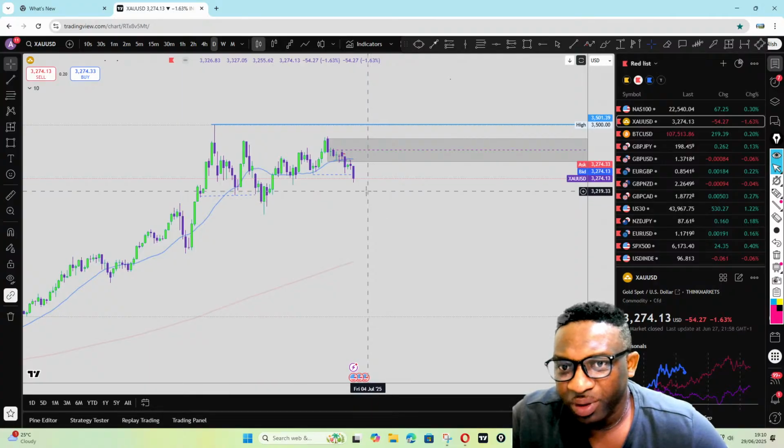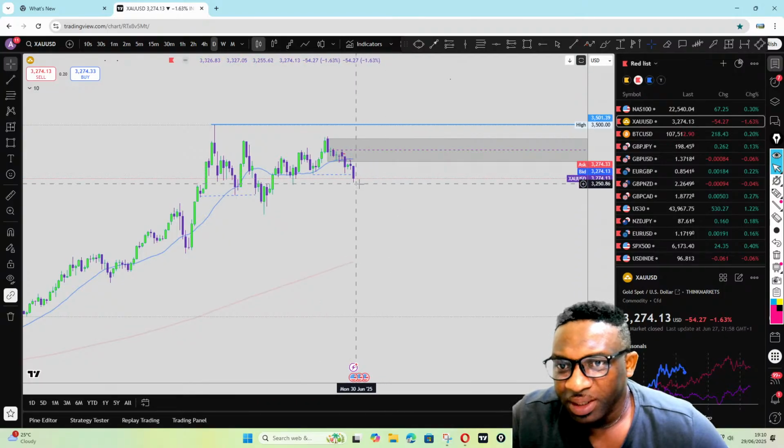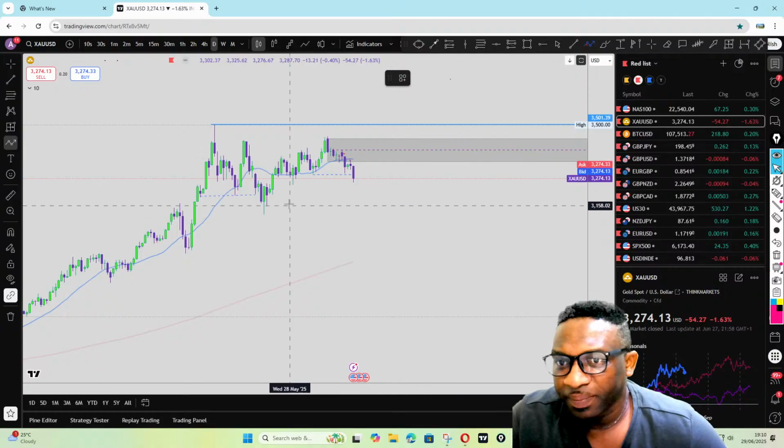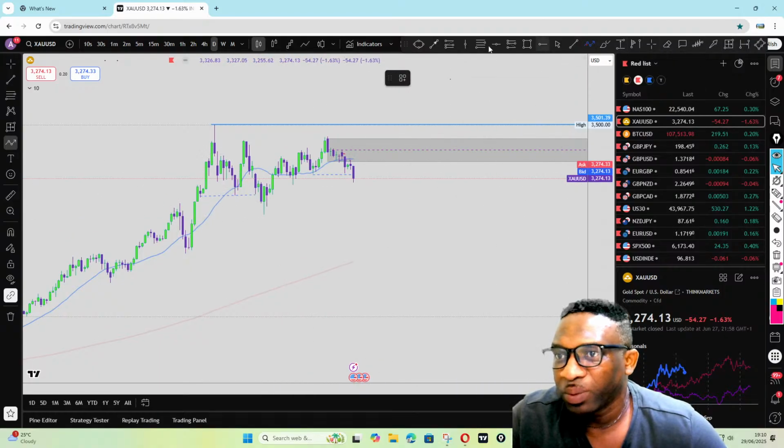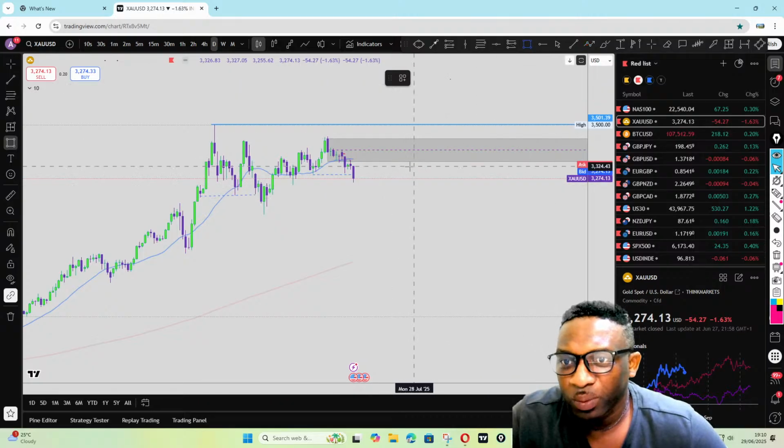Seeing this, the next thing we expect is price to make its way back to this origin. So let's refine this origin that we marked on the weekly.